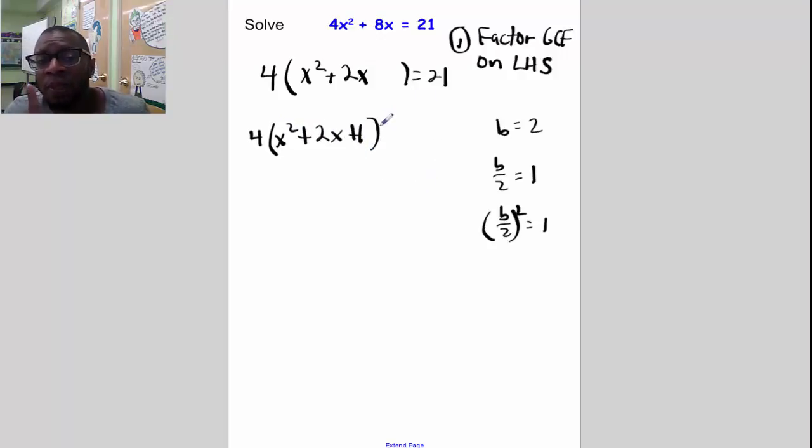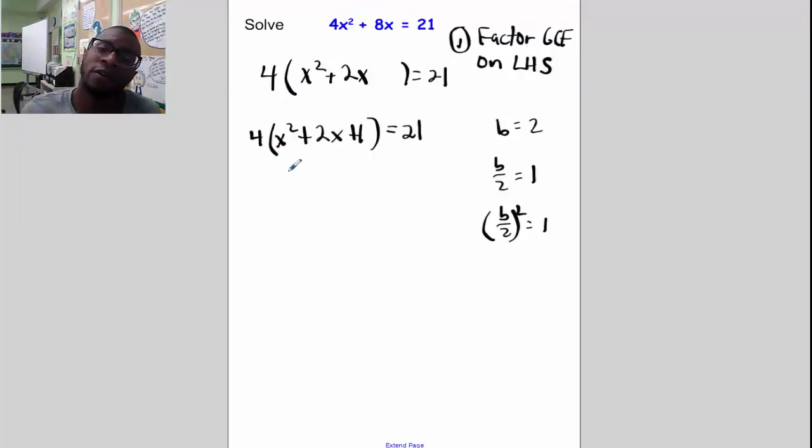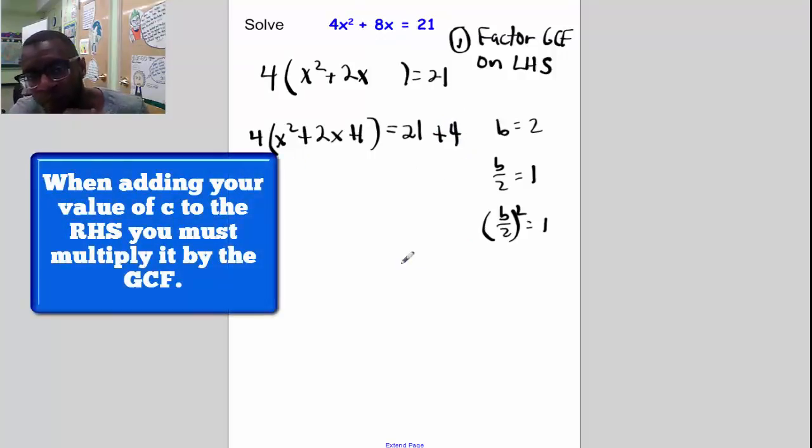But the number we write on the right-hand side is not going to be 1. It's going to be 4, because we have to remember that we factored out our greatest common factor. So when we add that value of c on the right-hand side, we must put back in that greatest common factor. So here I'm going to add 4.